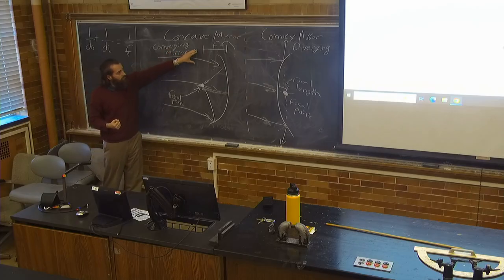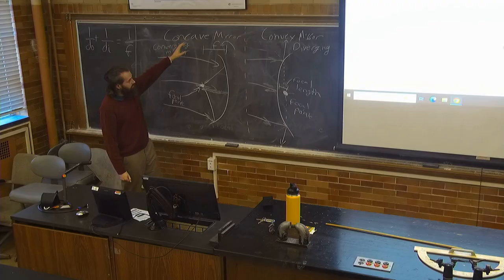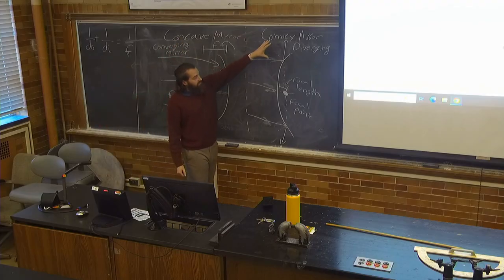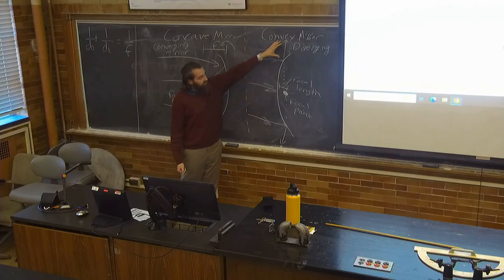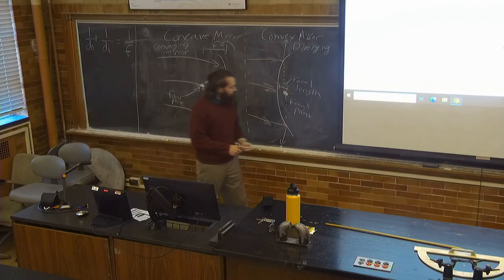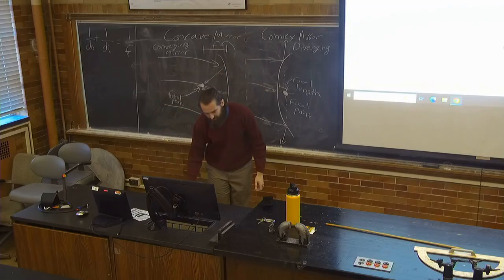For concave, if you have a makeup or beauty mirror that makes your face look bigger so you can see yourself in better detail, that's a concave mirror. And at grocery stores and gas stations, the mirror that's up in the ceiling that lets you see around corners, that's a convex or diverging mirror. So there's different kinds of everyday applications that you'll see these different types of mirrors used in.